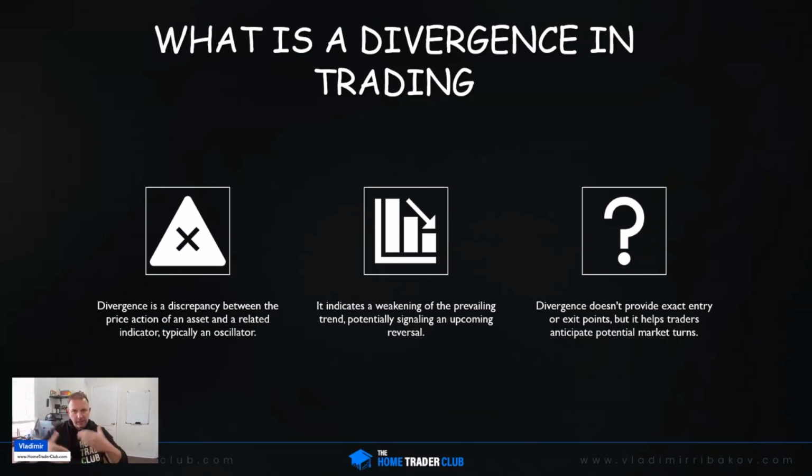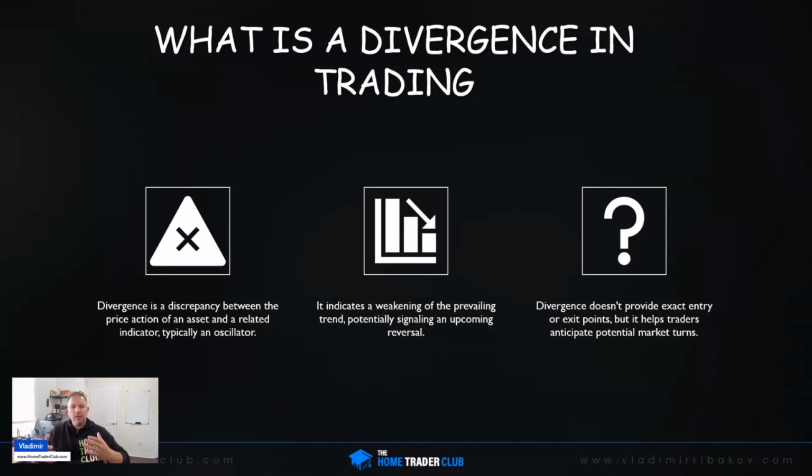Every indicator has its own mathematics, its own calculation, and the result is what you see. And when you see this discrepancy between the price and the indicator, typically in oscillators, which is what the majority of traders use, you understand that something is happening.